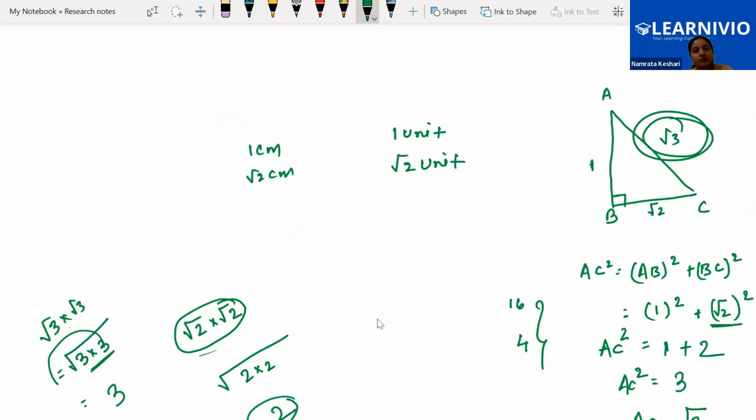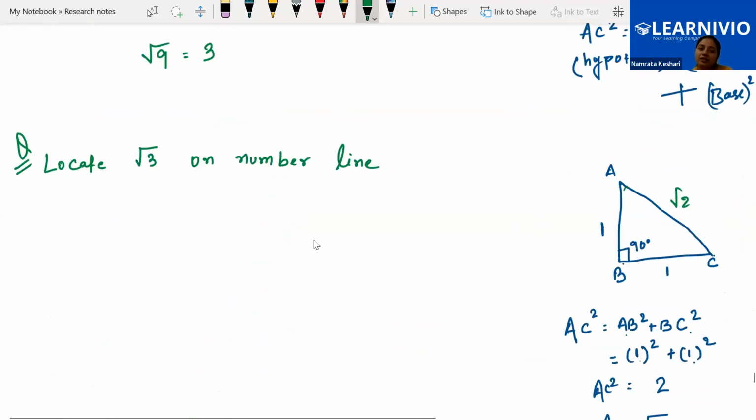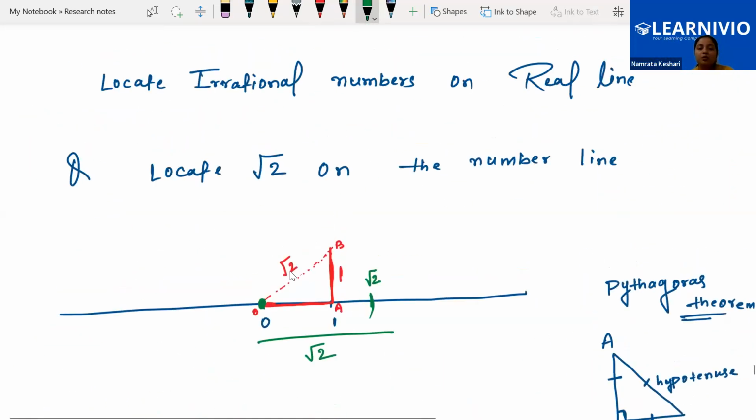Yes, ma'am. But we have just discussed that it is not possible to get root 2 using your scale. You will not be able to locate root 2 that way. Only the Pythagoras theorem we can use to locate root 2. So to locate root 3, at first we need to locate root 2. Are you getting my point?